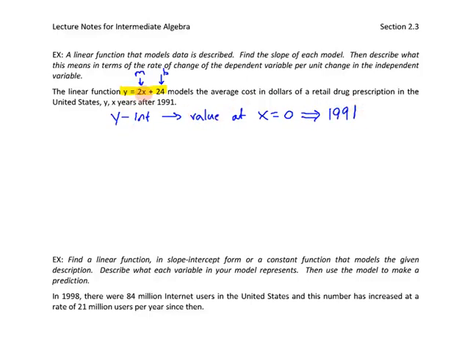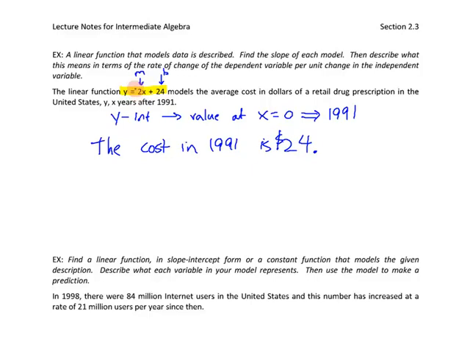So this equation here tells us that the average cost of the retail drug prescription in dollars in 1991 was what? The y-intercept, 24. That's what the b tells us. So the cost in 1991 is $24.